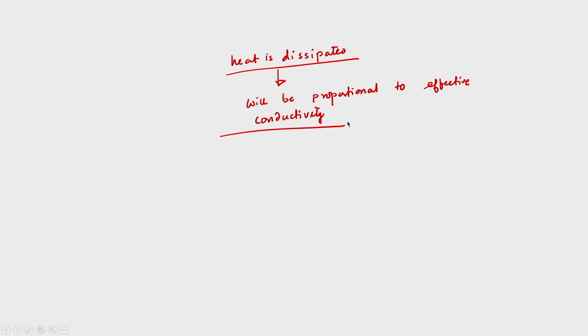If you connect the filament with the electrical circuit, whenever current is passing through the filament, heat will be dissipated because of the electrical work. That will be converted to heat, and the dissipated heat will be proportional to the effective conductivity.